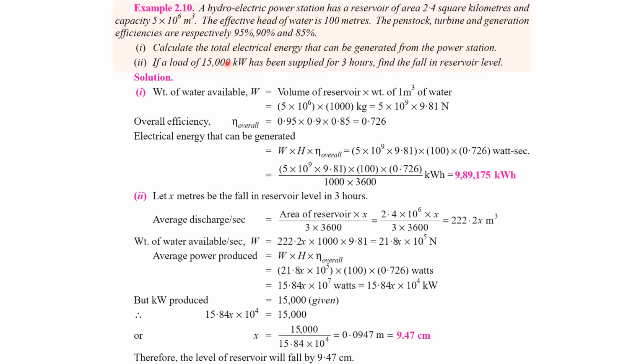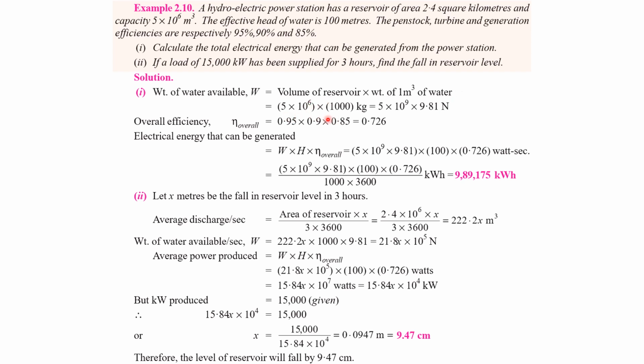How much weight of the water is available to you, you can find out by multiplying the volume of the reservoir, which is 5 into 10 power 6 meter cube, with the weight of 1 meter cube of water. For 1 meter cube of water you have a weight of 1000 kilograms, that is given by the density of water.